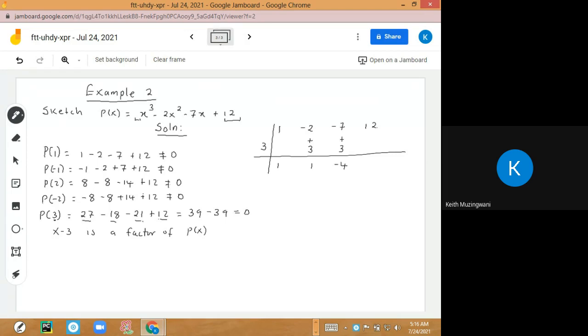We have -4. 3 by -4, we get -12, add, we have 0. So the polynomial p of x is now written as the product of its factor x minus 3 and the quadratic.